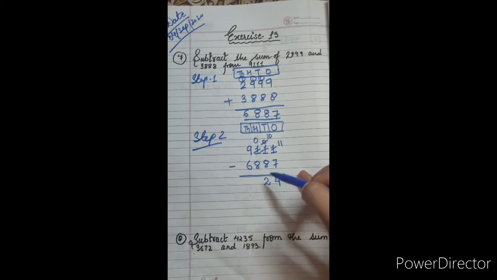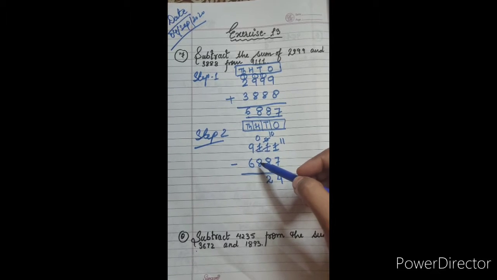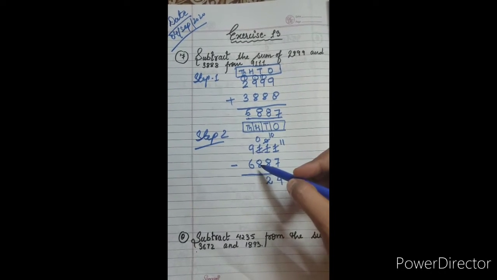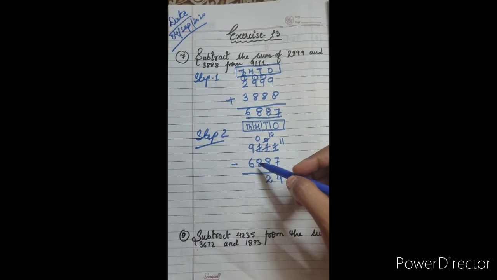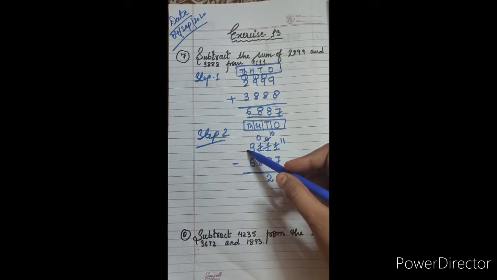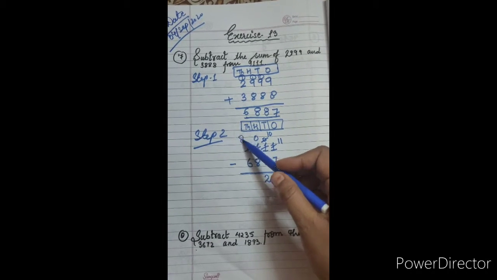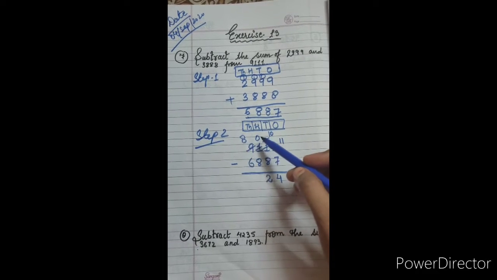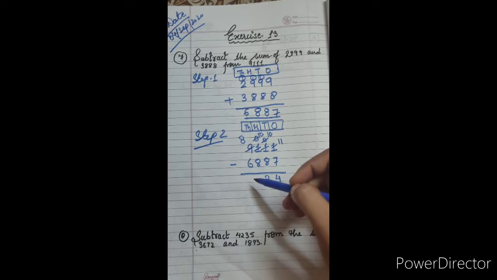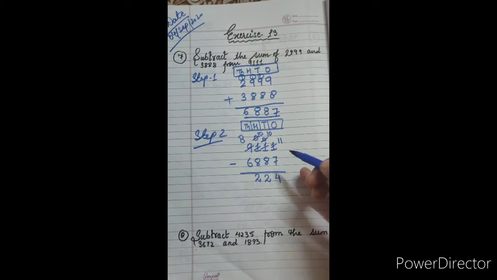Right? Yes. Now subtracting 100, we want to subtract 8 from 0. So 0 is less than 8. So it is impossible. So now we borrow 1000 from the 1000 column. 8000 is left and 1000 plus 0 100 becomes 10 hundreds. So 10 minus 8 is 2.